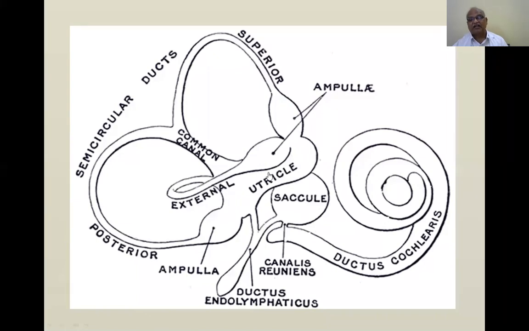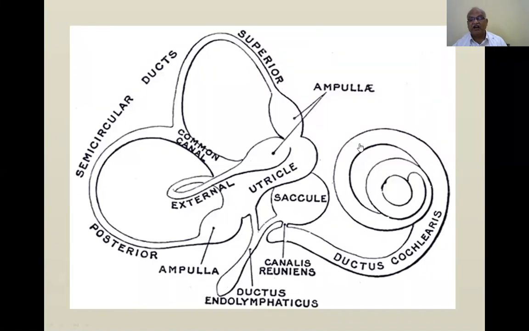So the central part, the inner side of the vestibule, that is the membranous labyrinth of the vestibule, is again divided into the utricle postero-superiorly and the saccule antero-inferiorly, both united by means of the ductus endolymphaticus. The lower part of the ductus endolymphaticus is dilated.